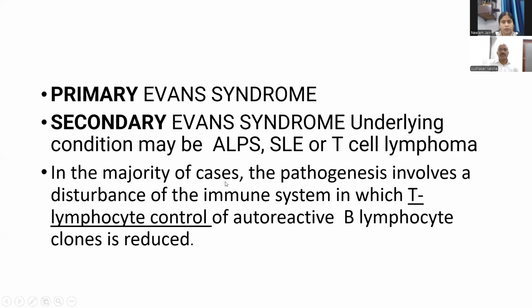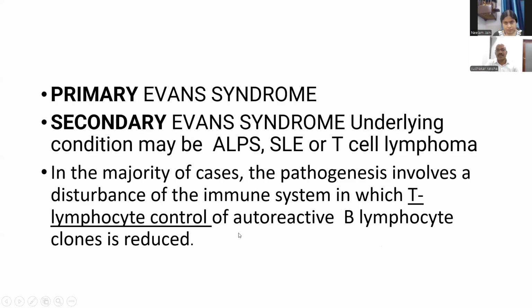So in the majority of the cases, what happens is, the antibodies are produced by the B lymphocytes. In the lymphocytes, there are two types, T cells and B cells, based on the function, whether they directly kill the cell or whether they produce antibody. If they produce antibodies, they are B lymphocytes.